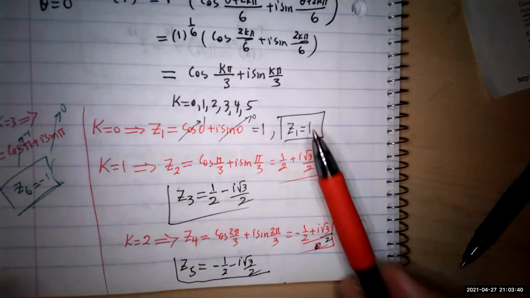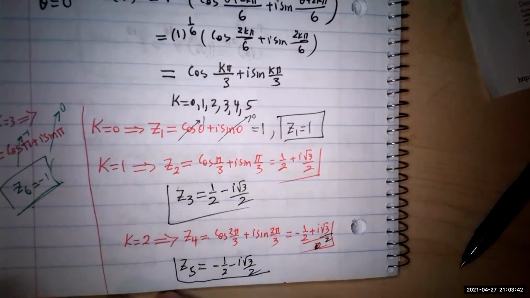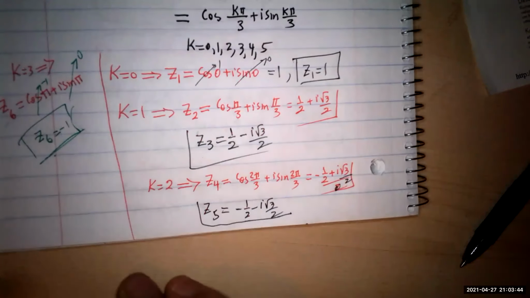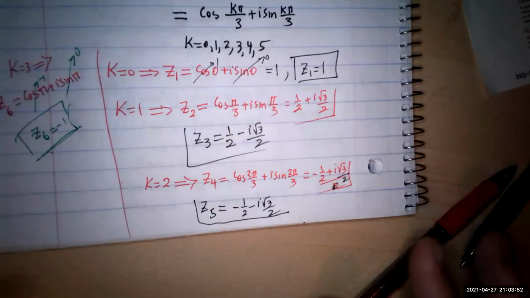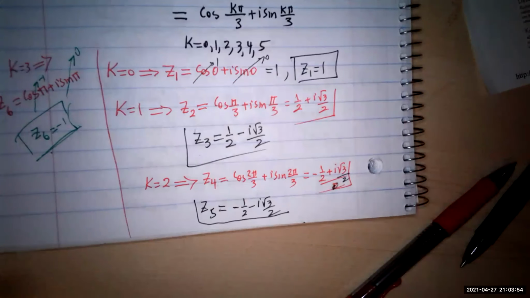So we get z equal to 1 and negative 1. But when we say complex, it's x to the 6, so we must have 6 solutions. And this is how we do it. Nice method. Any question?